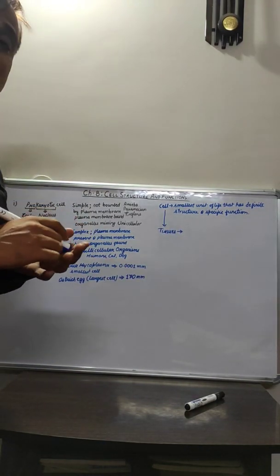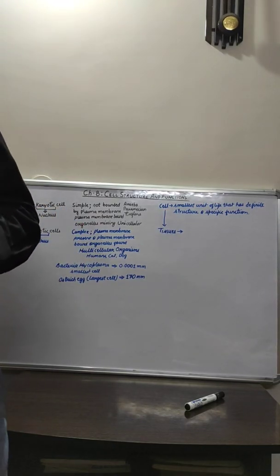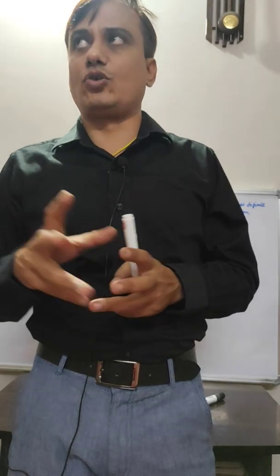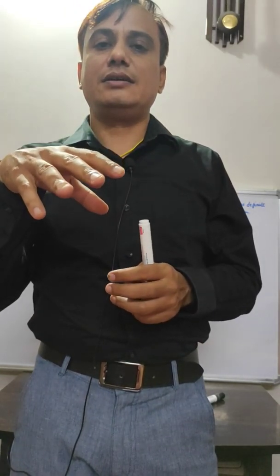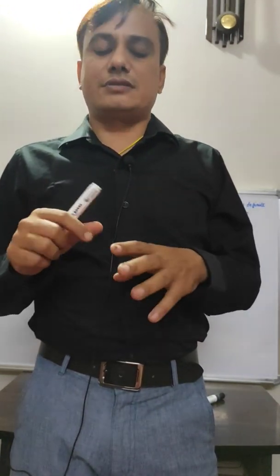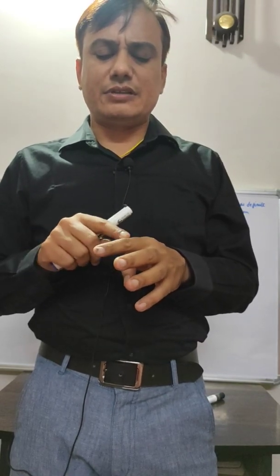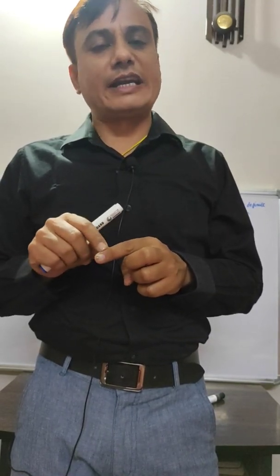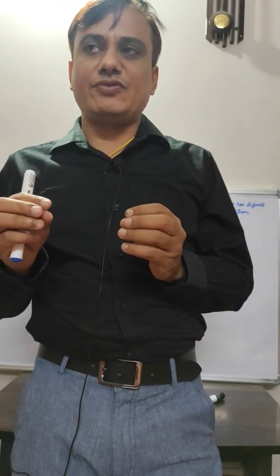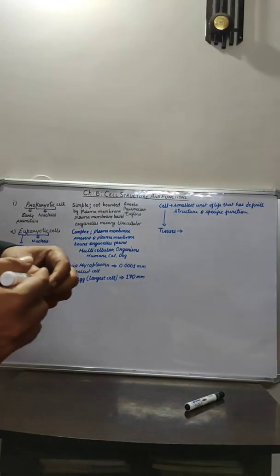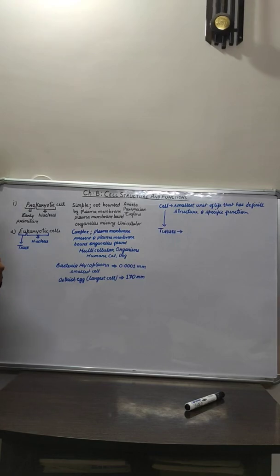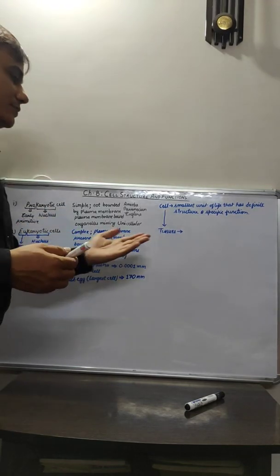Now how are tissues formed? Interestingly, when a group of similar cells combine together, a group of similar cells means a kind of cells like skin. I have taken an example of skin. These cells are dead and protective in nature. When all the protective and dead type of cells combine together, then what do they form? They form tissue, right?